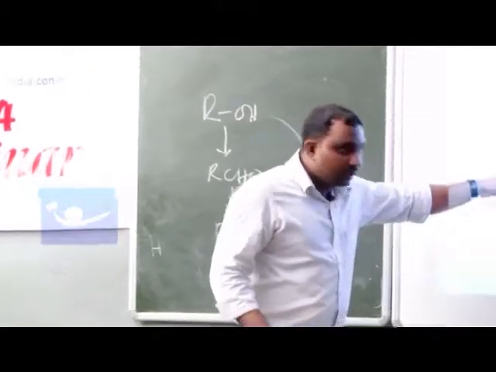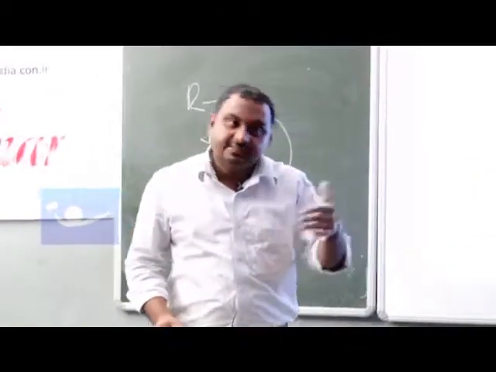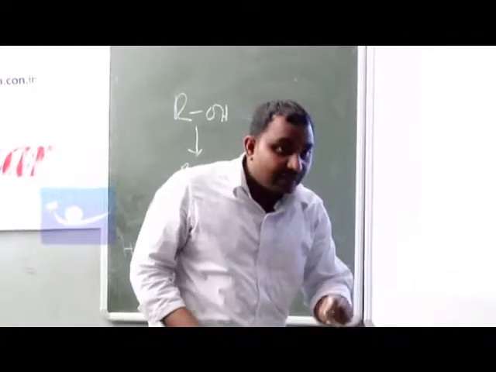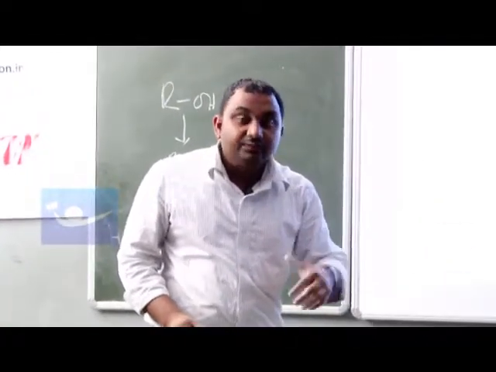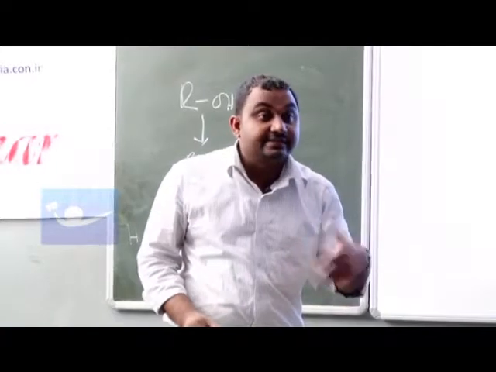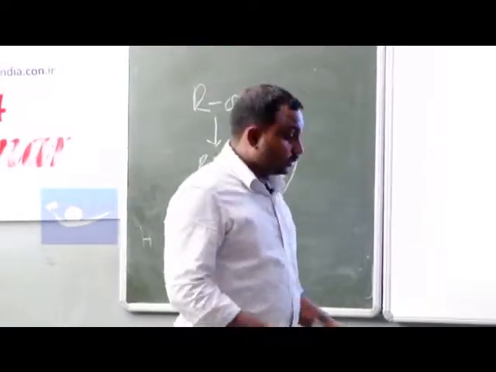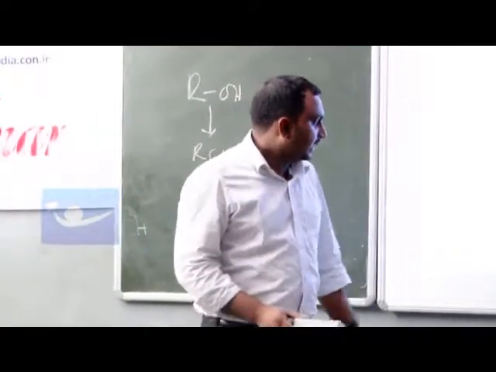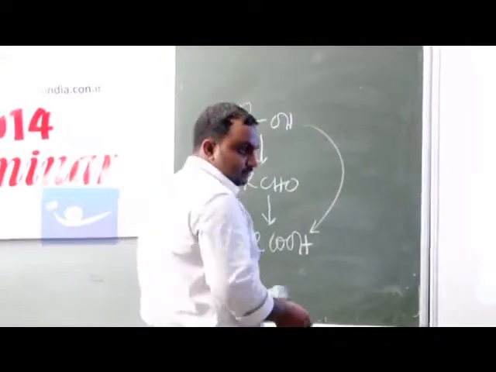Then CrO3, if you take it in acid, it's a strong oxidizing agent. You have to take it in pyridine. Even if you are taking it in pyridine, it will get dissociated. It is not more stable. So that is solved by taking what? PCC. It's pyridinium chlorochromate.